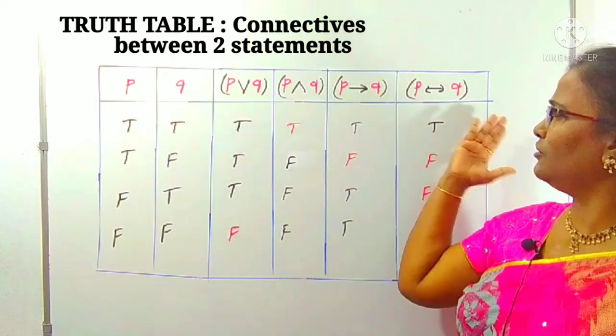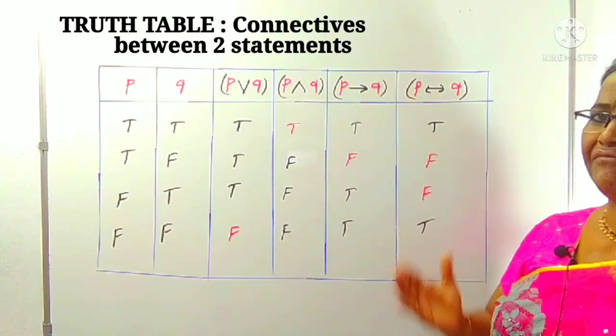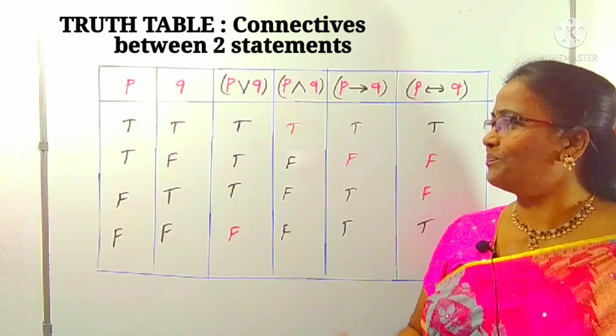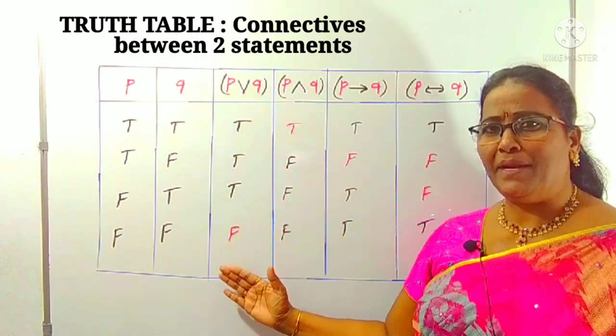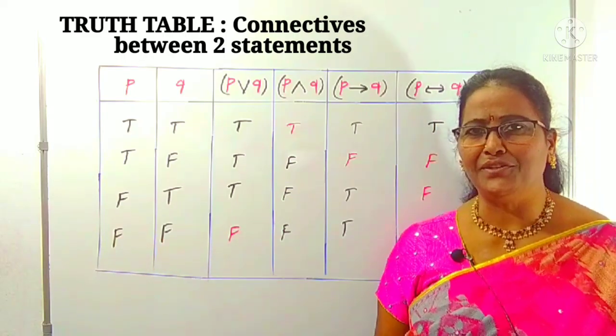So, I prepared it between the two statements. What are the results of P or Q, P and Q, P implies Q, P if and only if Q? In the case of OR, all are T, and only when both are F is it F. Like that you have to remember.